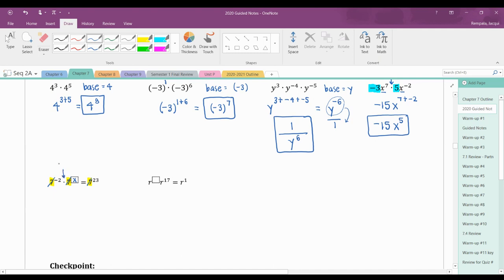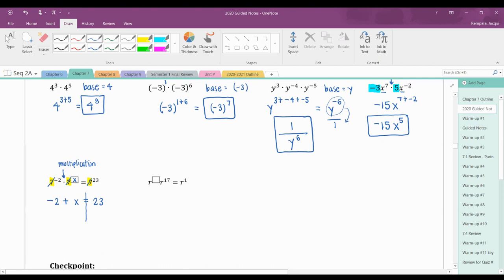Notice that because this was a multiplication problem, we are now looking at the exponents. So just like our definition, exponents we add. So I'm going to have negative 2 plus x, and that's going to equal 23. So I'm just focusing on the exponents. But because it was a multiplication problem, we add exponents because the bases were the same.